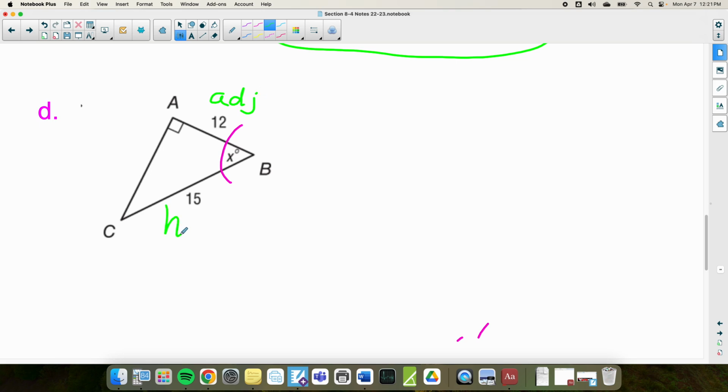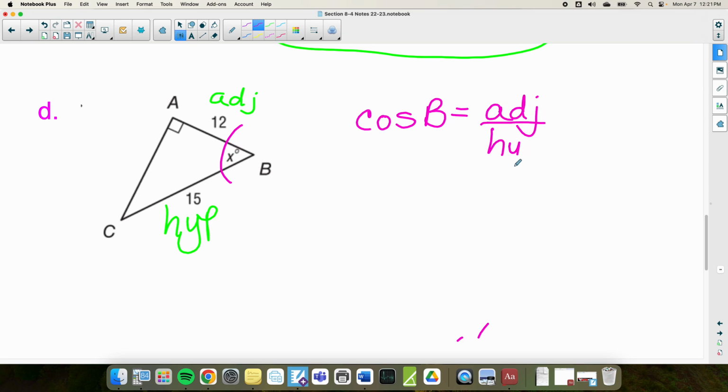Isn't that hypotenuse? So what trig function is adjacent over hypotenuse? Cosine. So we're gonna go cosine of angle B. You could skip this step, but cosine is adjacent over hypotenuse. And then I'm gonna substitute it in, and I wanna see this step, so it'd be 12 over 15.